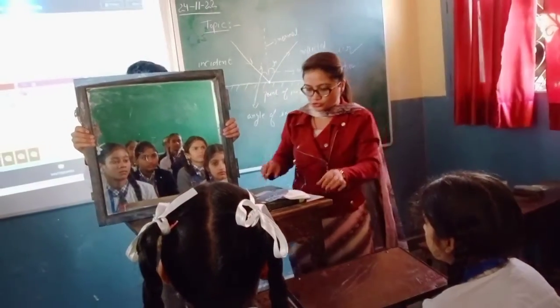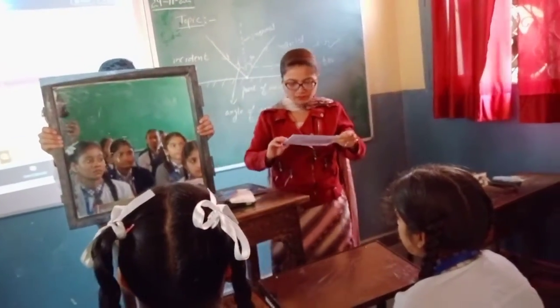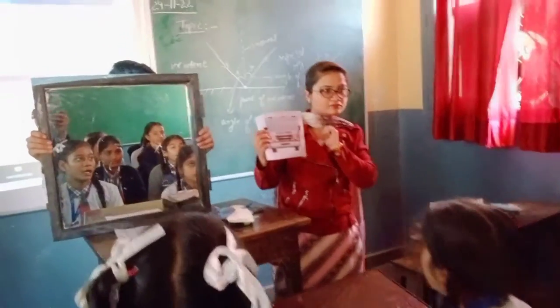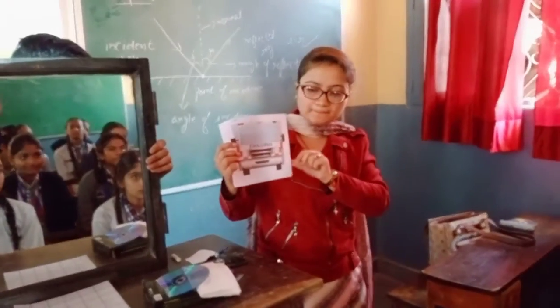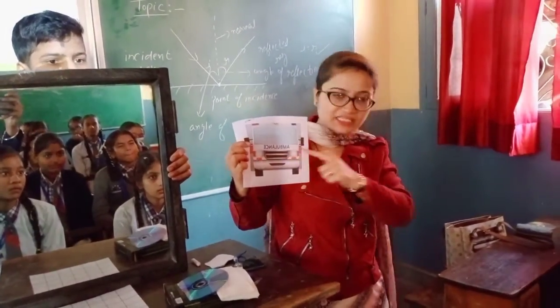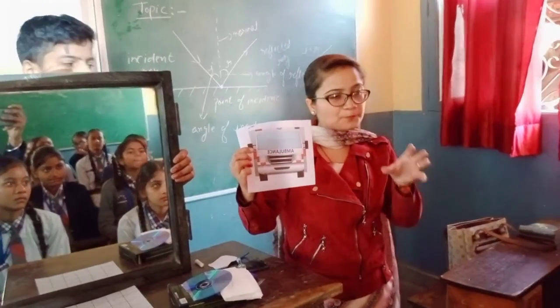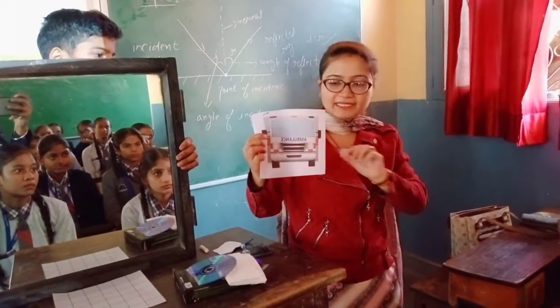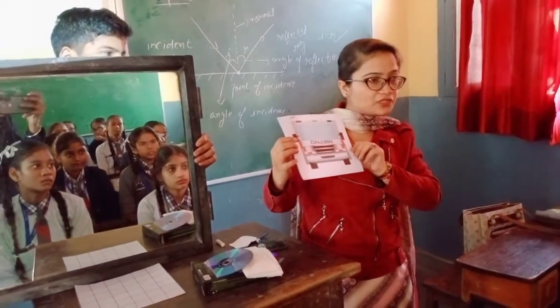Now I have one more thing. Can you read it? Ambulance. But is it written like this that you write in your notebook? No, it is written upside down. Now I am going to place it in front of the mirror.